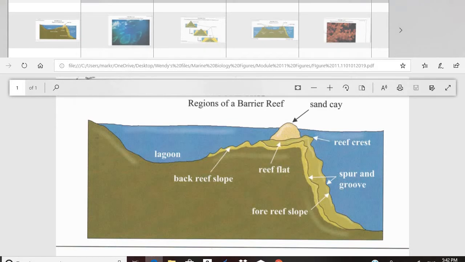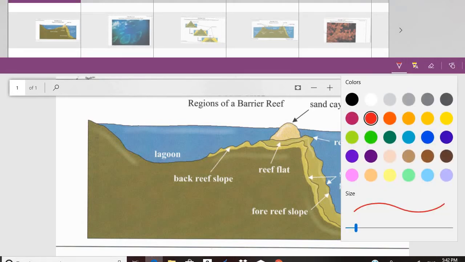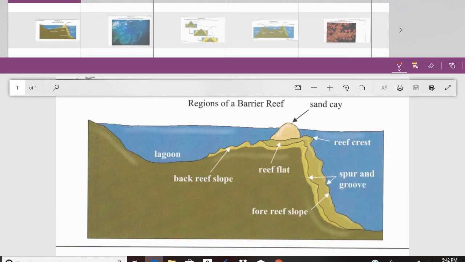So here's the shore over here, and then you're going to get this lagoon in between the shore and the reef. So this is that calm area between the two. And then you have the back reef slope, and you have the front reef slope.